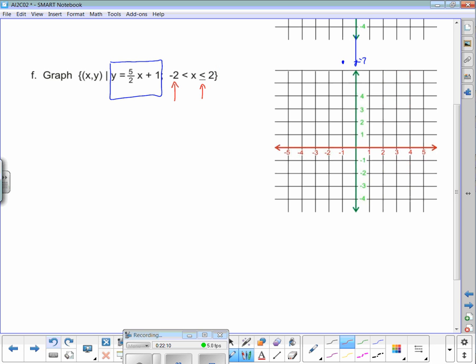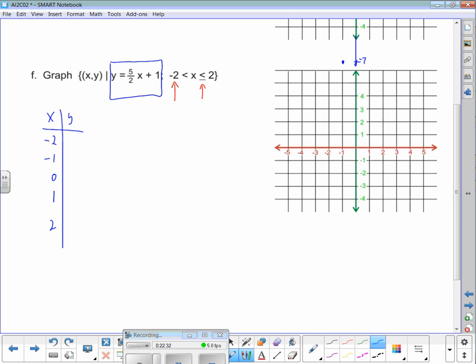All right, so how are we going to do this XY chart? Now I am going to use -2 as part of my domain. I'll show you how we'll do that in a minute. So -2, -1, 0, 1, and 2. I don't really even need all those points.